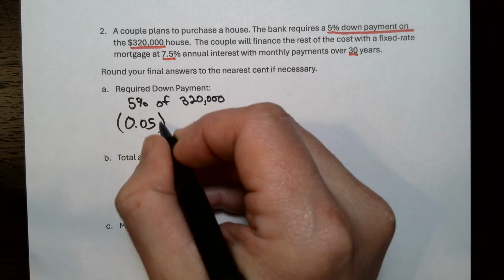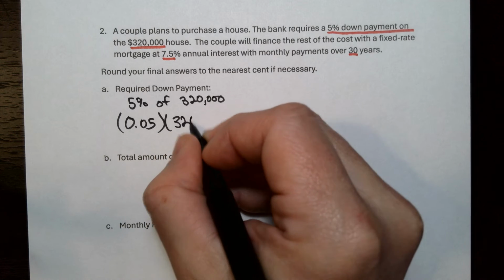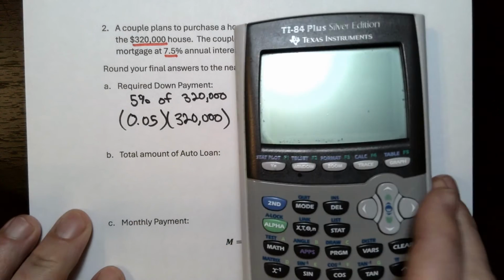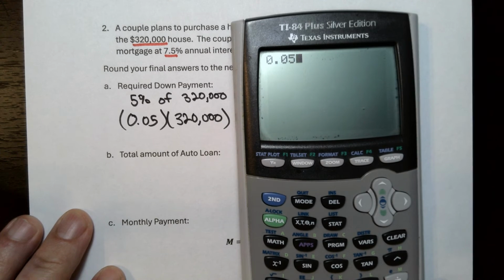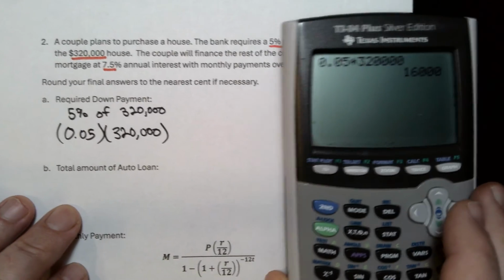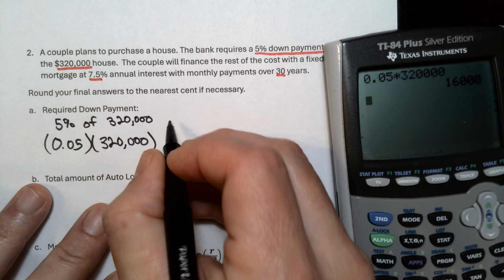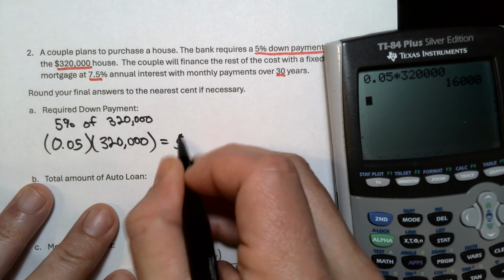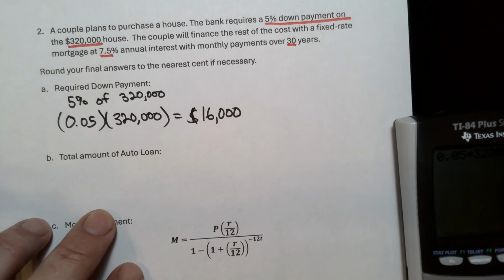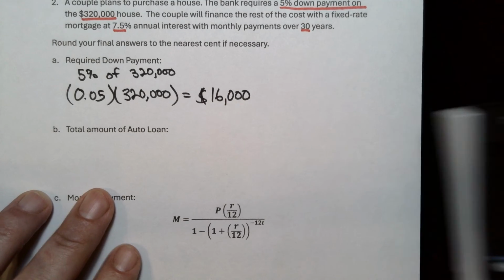So that'll be 0.05 times 320,000. Let's see what that gives us. 0.05 times 320,000. So 16,000. That's how much the down payment is going to be on this house. So the couple paid off 16,000 as a down payment.